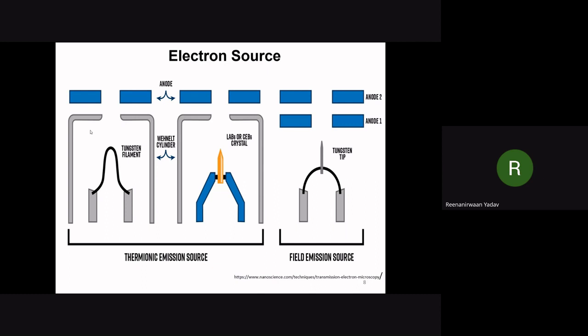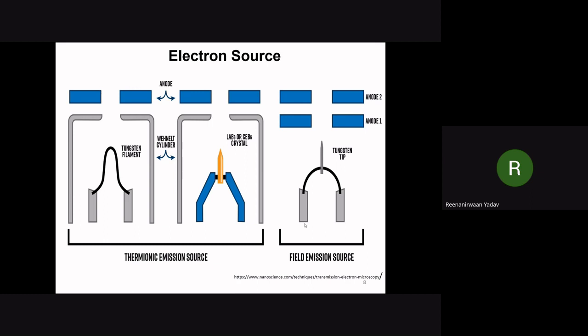Mostly in cryo-EM, we generally use a field emission gun. It may be either Schottky or cold field emission. It is made up of a single tungsten crystal, and we lower the work function of tungsten by coating it with zirconium oxide.